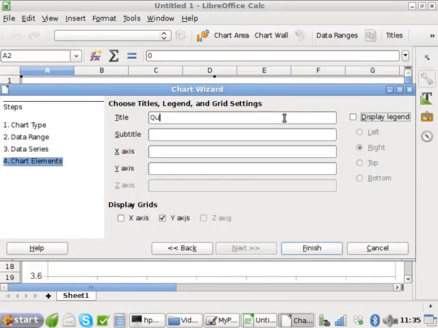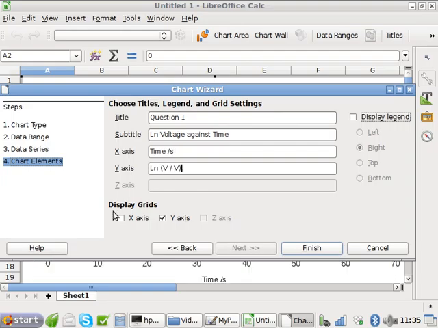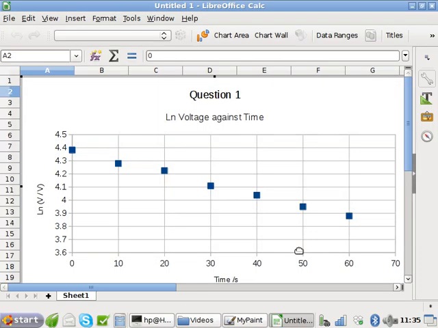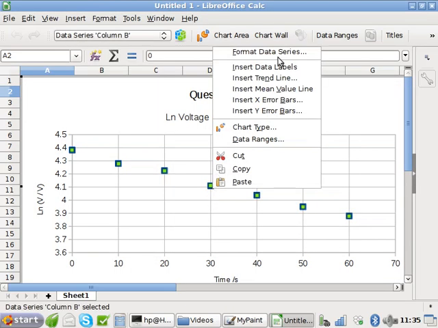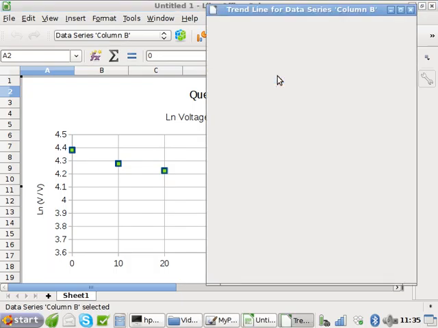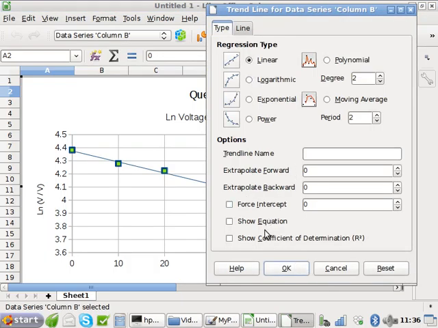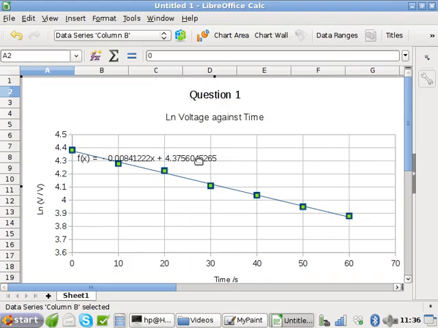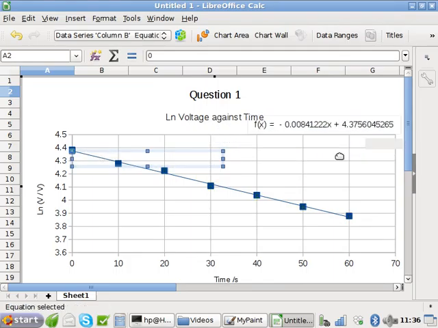This is question one, log voltage against time. The x-axis is time in seconds, and the y-axis is log volts in volts. Of course they want you to draw a straight line. And that's our graph there.